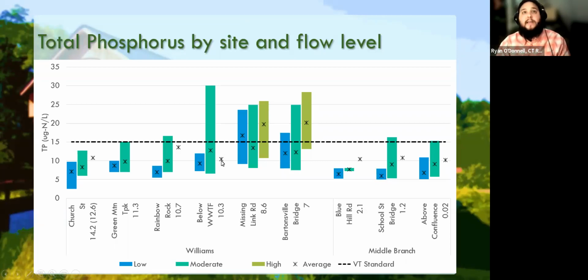There's only one in the past 5 years for phosphorus, so we can't actually compare the high flow to the two downstream sites. But once again, you can see at these further downstream sites that we're seeing excessive phosphorus kind of all the time.